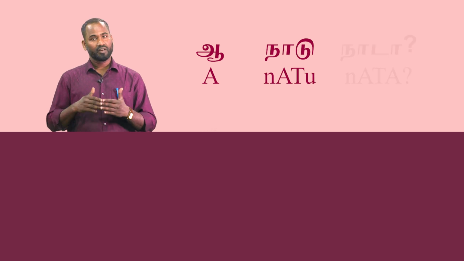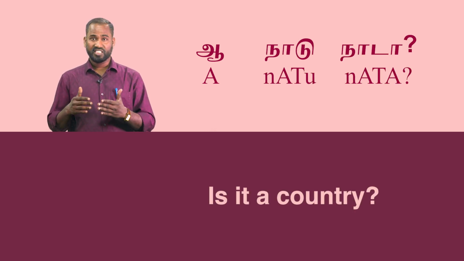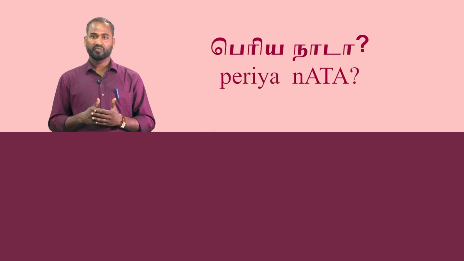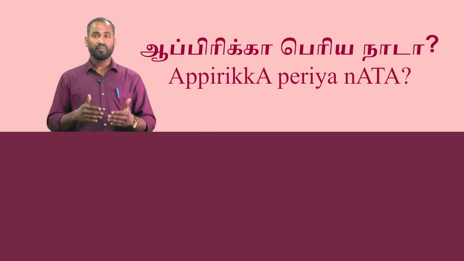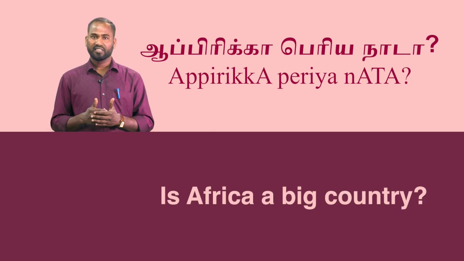To form a question in Tamil, the interrogative marker aa is added to the noun நாடு, creating நாடா, which means is it a country? Likewise, பெரிய நாடா means is it a big country? Therefore, Africa பெரிய நாடா means is Africa a big country? This demonstrates how a simple statement can be turned into a question by adding the interrogative marker at the end.